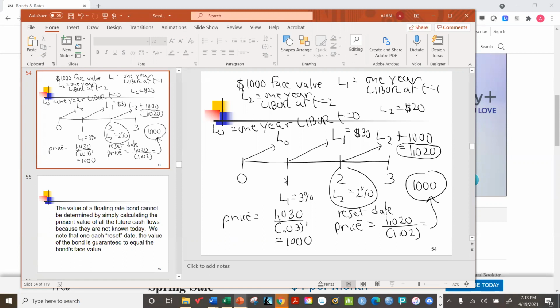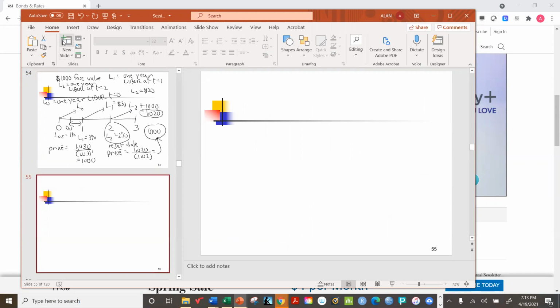Like, for example, what if I told you that 6 months right here, the LIBOR rate, I'll call it LIBOR 1/2, is 1%. I could actually apply that to this 6-month period, knowing that I'm going to have an asset worth $1,000 in 6 months. So I could price it. The price of the floating rate bond, and so that 1%, I'd have to cut that in half because that's an annual rate.